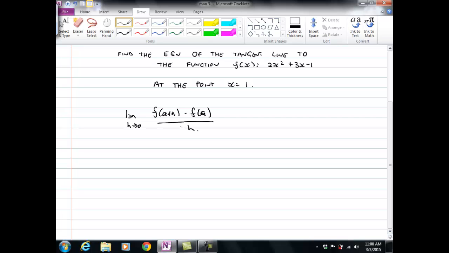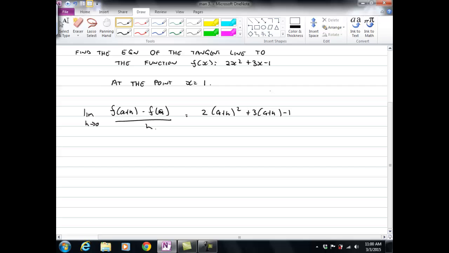So if I plug this in, you should have 2 times a plus h squared plus 3 times a plus h minus 1. Here's where you gotta be careful. Minus, I like to use brackets, 2a squared plus 3a minus 1 all over h.